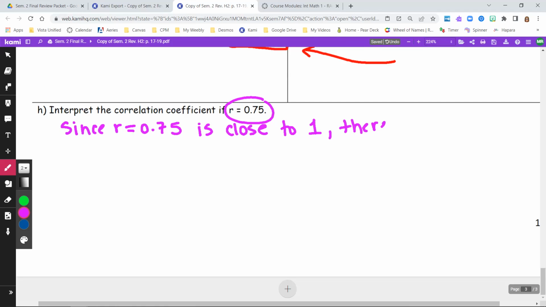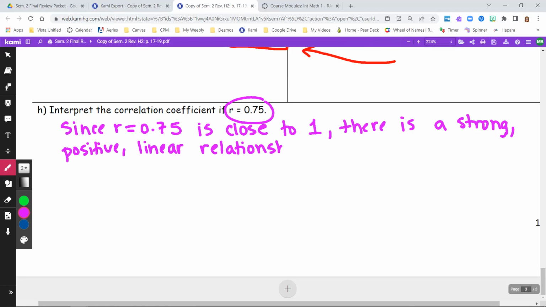There is a strong positive linear relationship between the X and the Y, and the X is the forearm length.